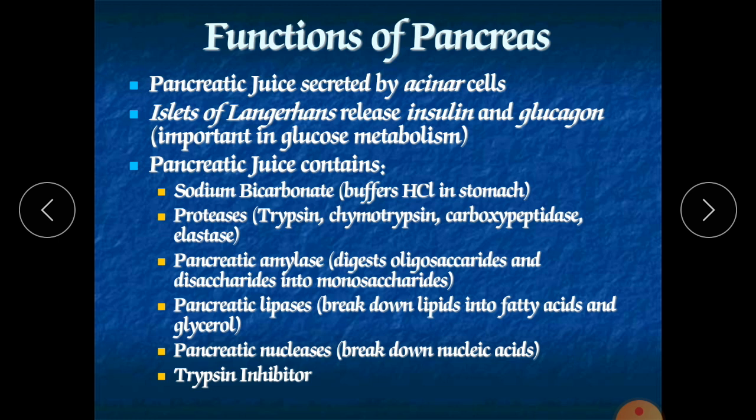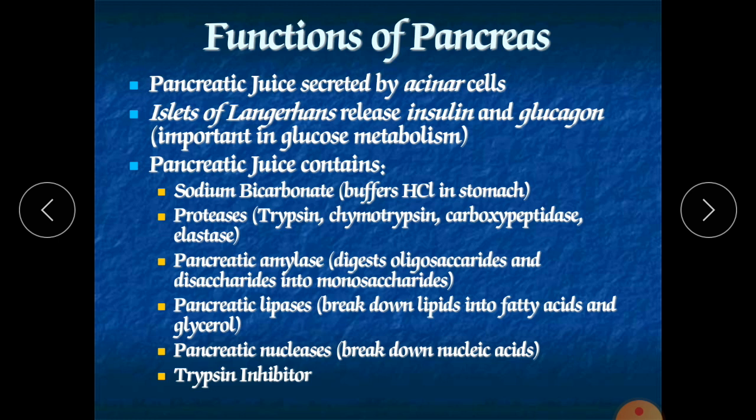So to counterbalance that acidic nature and increase the pH, because here in the intestine we require a basic, alkaline pH, we have to secrete a basic juice. That's why it contains a high level of sodium bicarbonate. This bicarbonate gives alkalinity to the chyme and converts its pH.